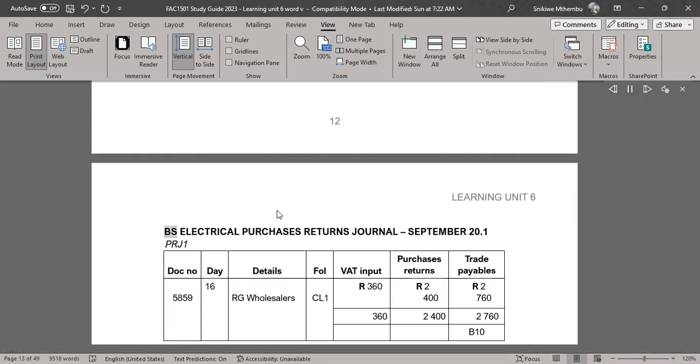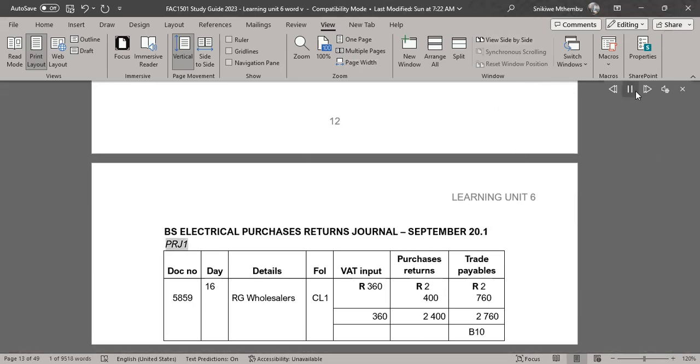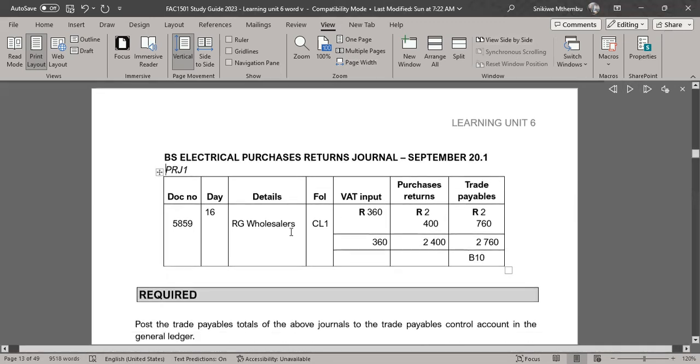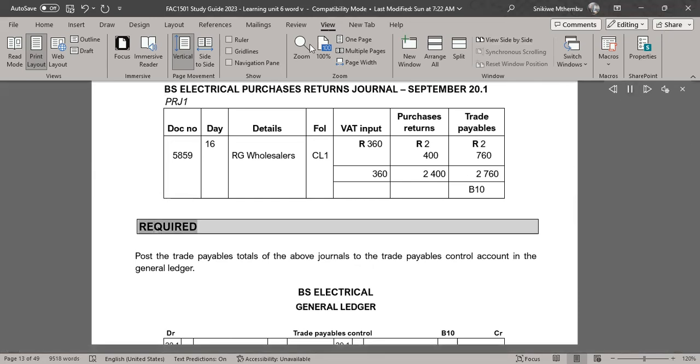BS Electrical Purchases Returns Journal, September 20.1, PRJ1. Required: Post the Trade Payables totals of the above journals to the Trade Payables Control account in the general ledger.